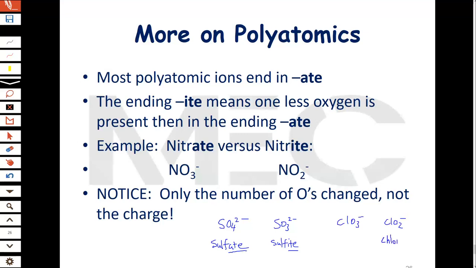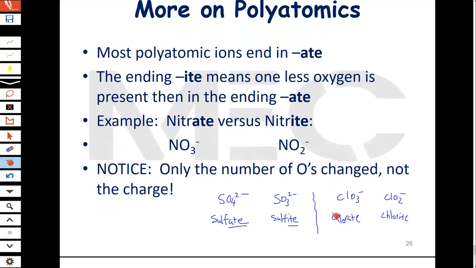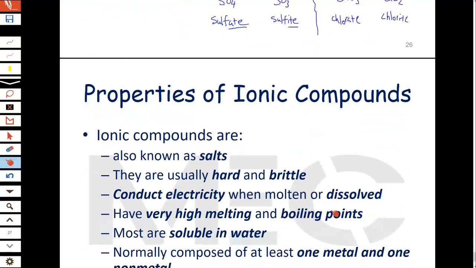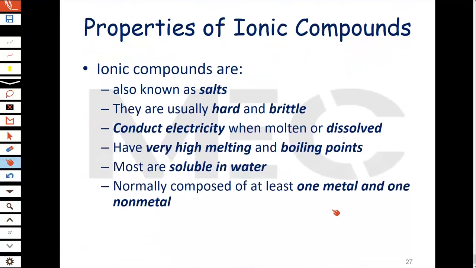So this is chlorite, and this is chlorate. Okay. Only the number of oxygens changed, not the charge. The charge doesn't change. 2 minus, 2 minus, 1 minus, 1 minus. The charge doesn't change. So let's review some properties of ionic compounds.